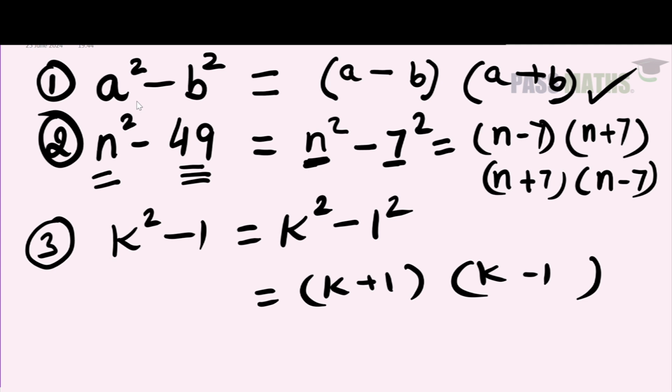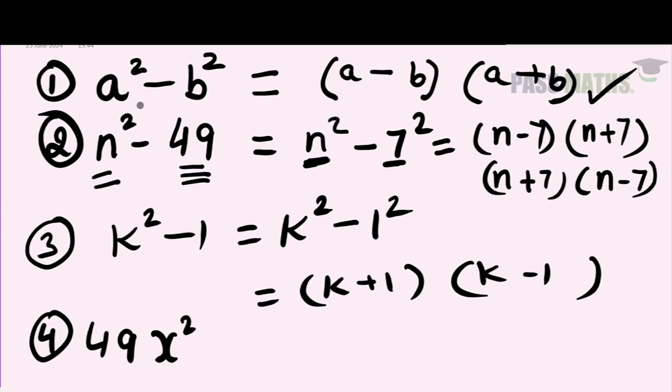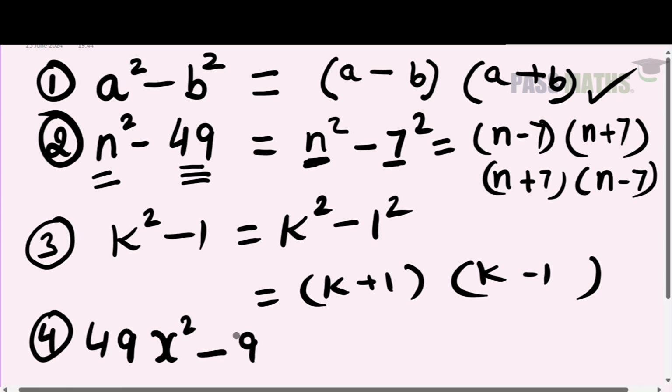Let's try more harder ones. Let's try this one. Number 4, 49x squared minus 9d squared.